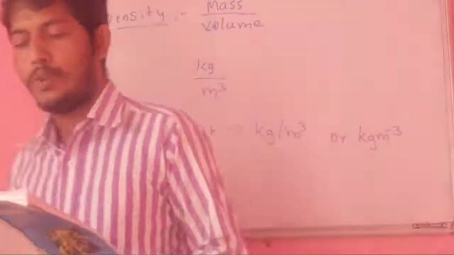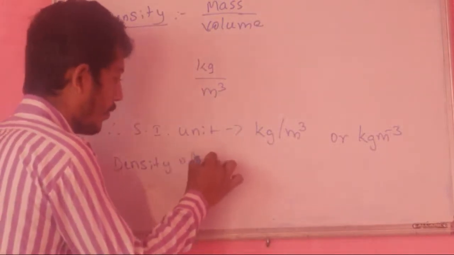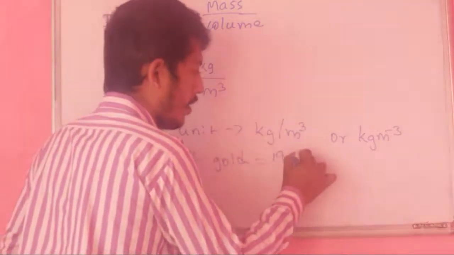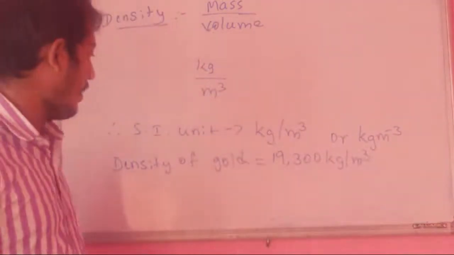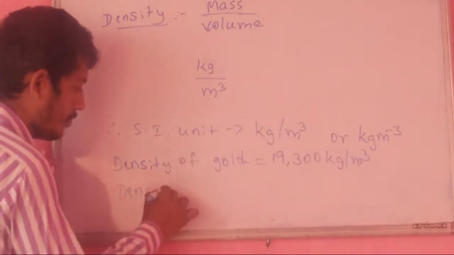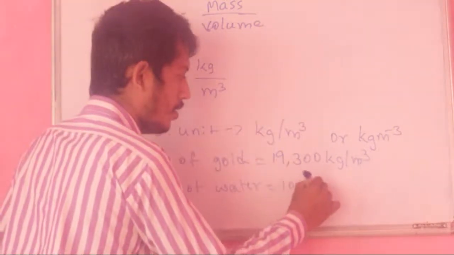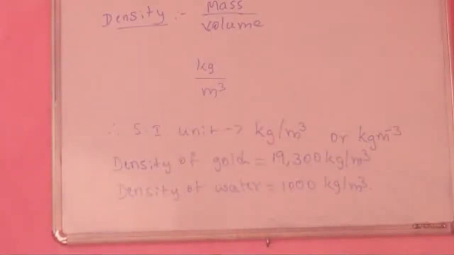The density of gold is 19,300 kg per meter cube, and the density of water is 1000 kg per meter cube.